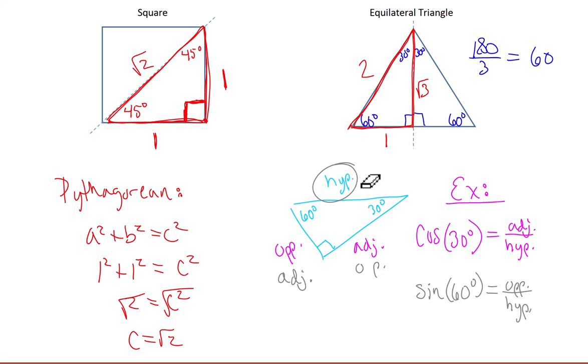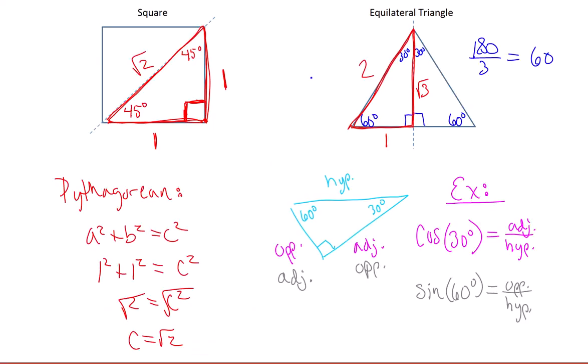The opposite label is relative to where the angle I'm using is. So sine of 60 means I use the 60-degree angle to define the opposite and the adjacent. All that to say, the way we label opposite and adjacent depends on the angle we're using, and those can switch, but the hypotenuse does not switch, because that's always across from the right angle.